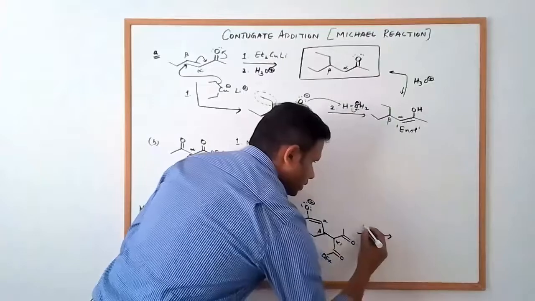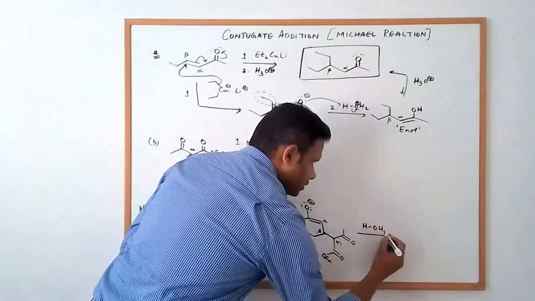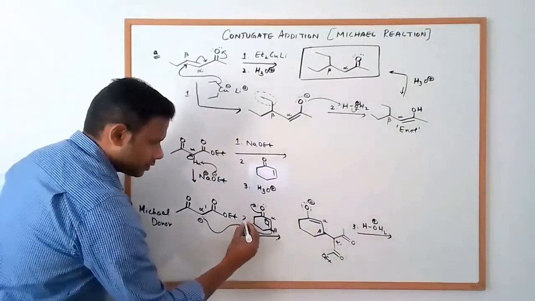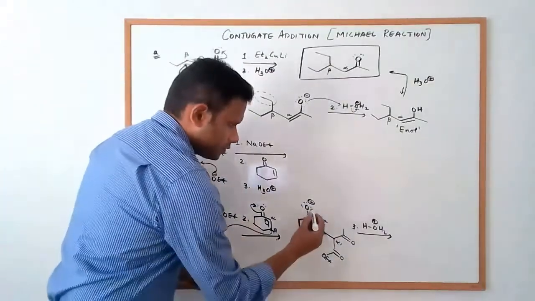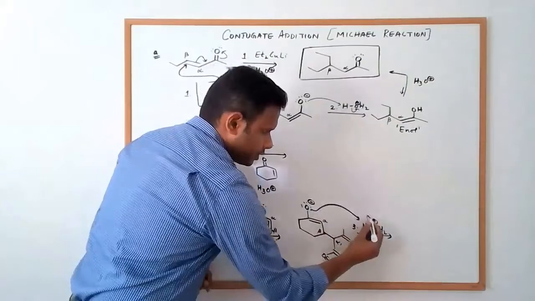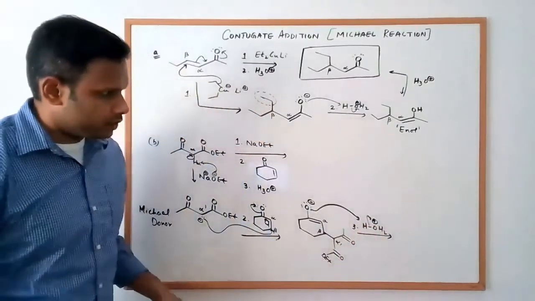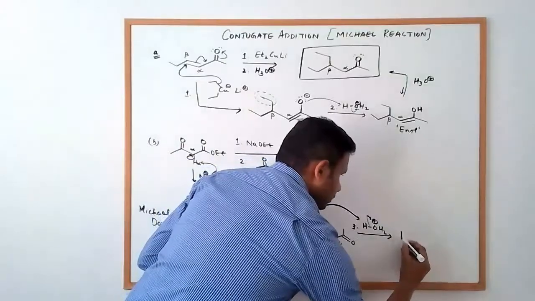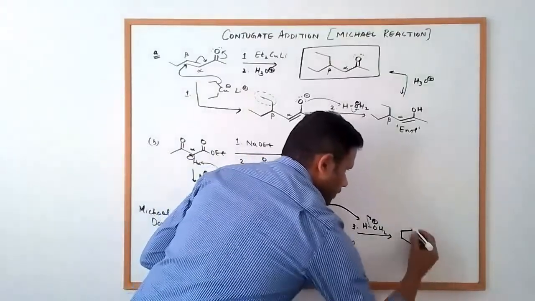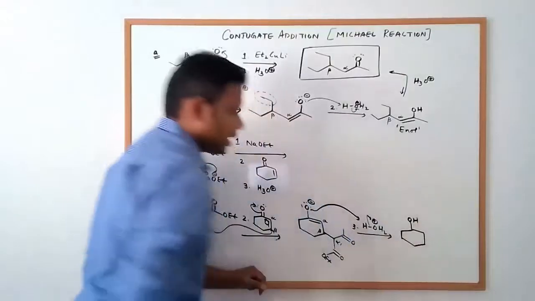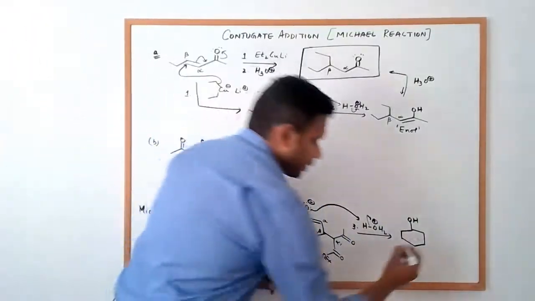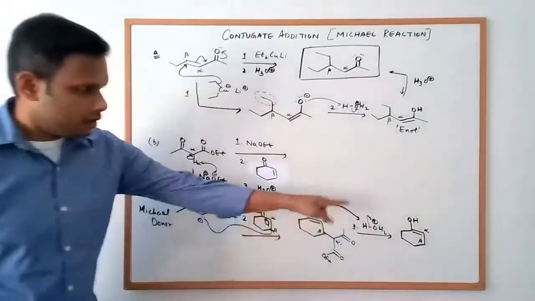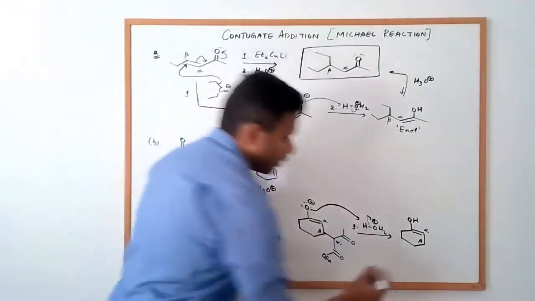And when we do the protonation, which is basically the third step here, so that's the second step. So the oxygen here gets protonated, electrons move over there. We will get an alcohol over there, but more specifically, it is an enol because it's a vinyl alcohol.